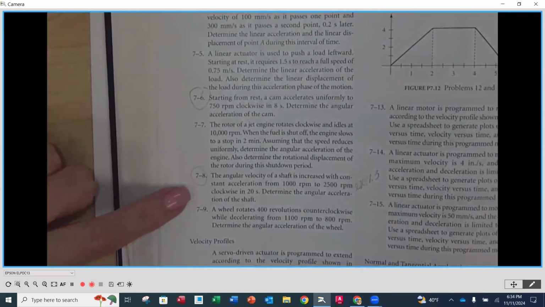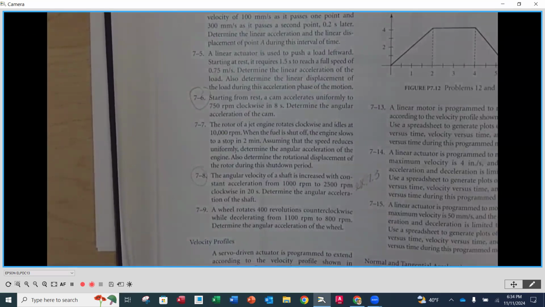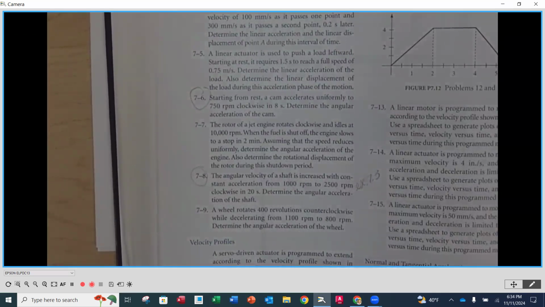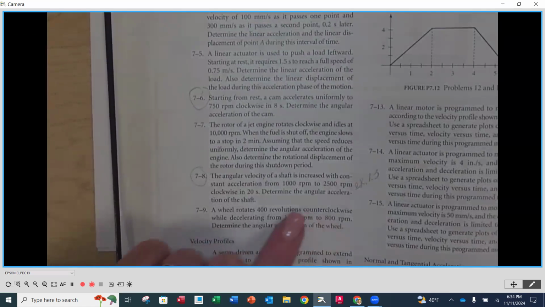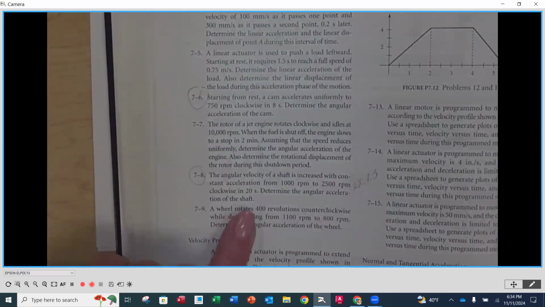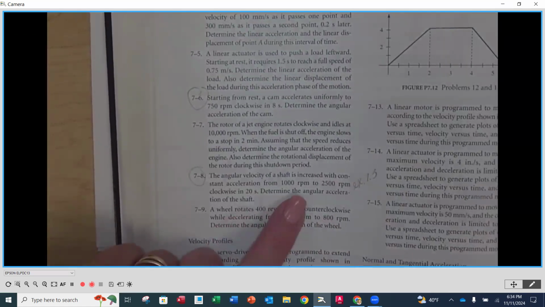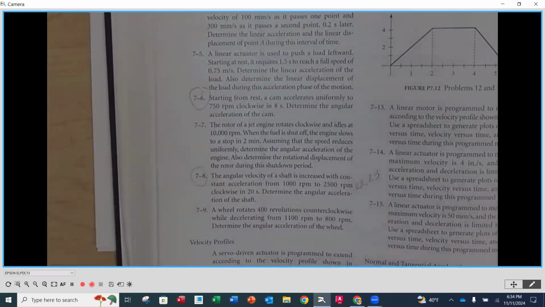Number 8: the angular velocity of a shaft is increased with constant acceleration from 1000 RPM to 250 RPM clockwise in 20 seconds. Determine the angular acceleration of the shaft. Looks like we have an initial angular velocity and a final this time. So instead of setting your initial to 0, there's going to be a value here.